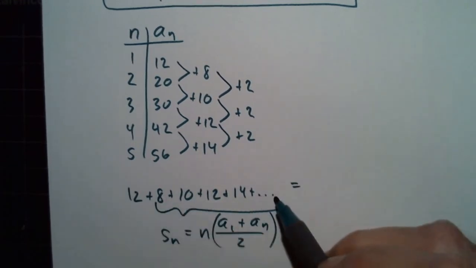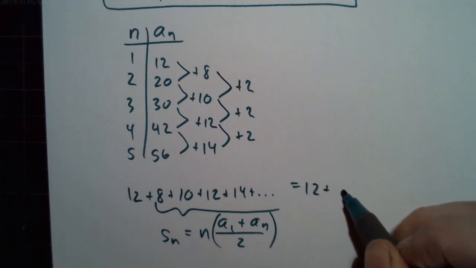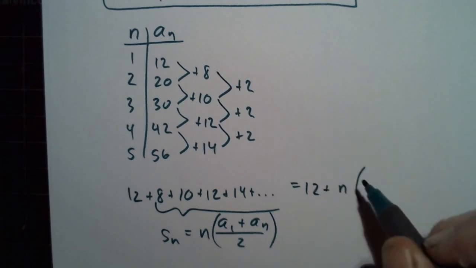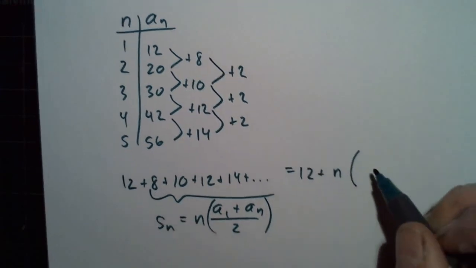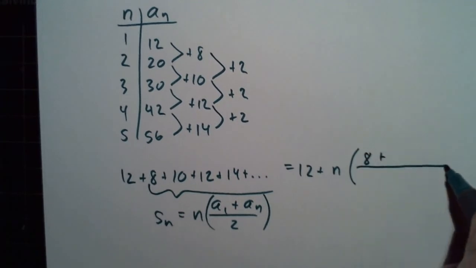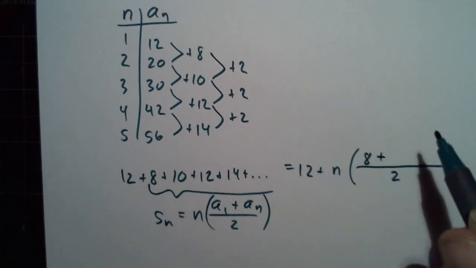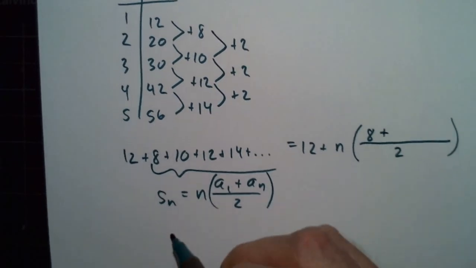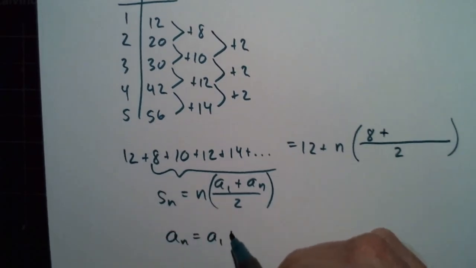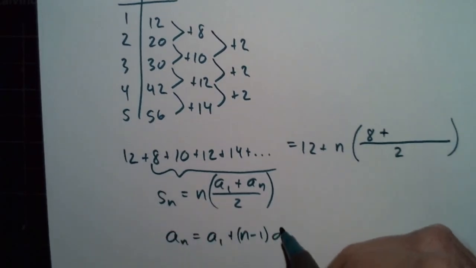So this series is 12 plus n times a1 plus an. Well, an is a1 plus n minus 1 times d.